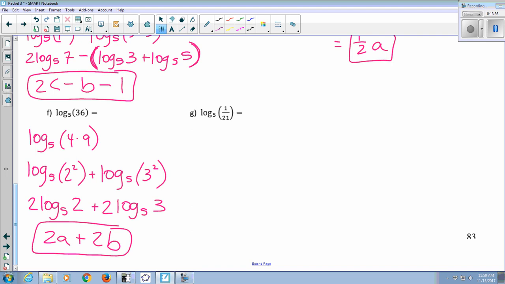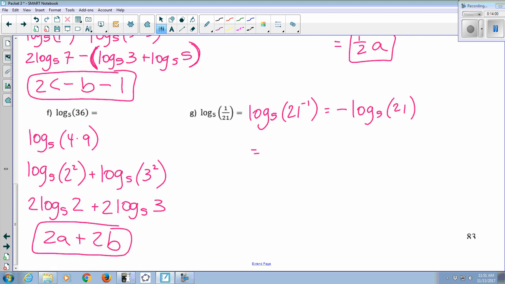Okay, log base 5 of 1 over 21. All right, so first I'm going to rewrite this as log base 5 of 21 to the negative 1. And then I'm going to bring the exponent down in front. So this is negative log base 5 of 21.